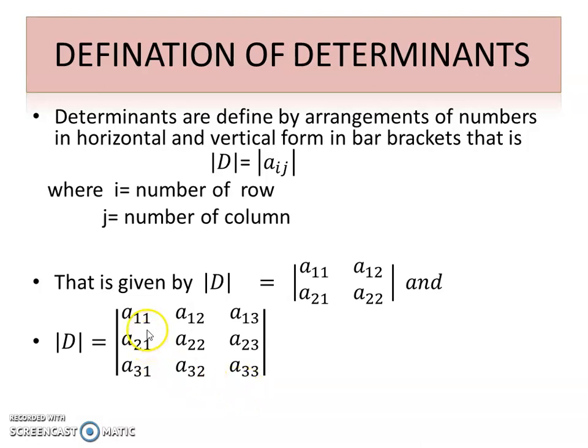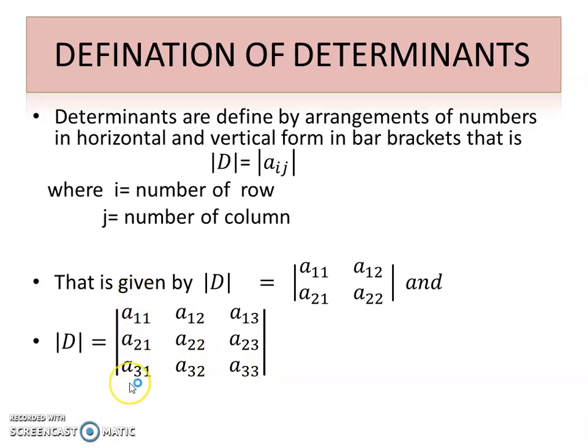The same pattern is applied to resolve the 3 by 3 order determinant. How? This whole line indicates the first row, this whole line indicates the second row, and this whole line indicates the third row.